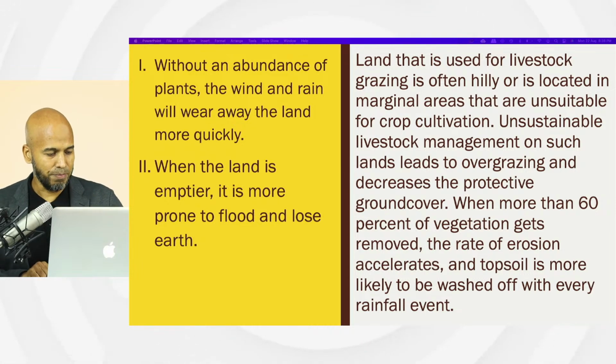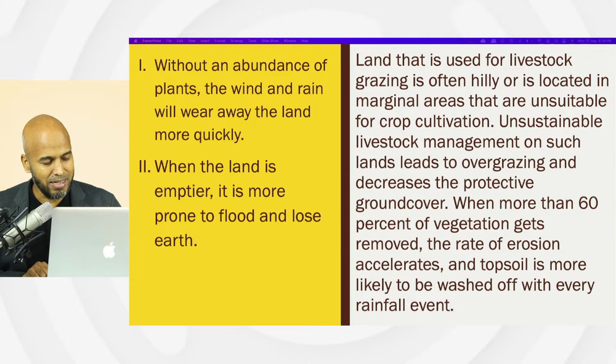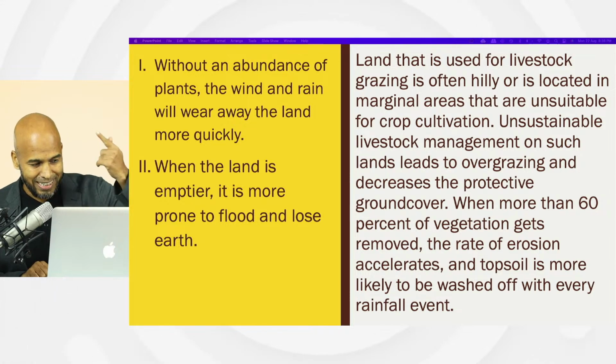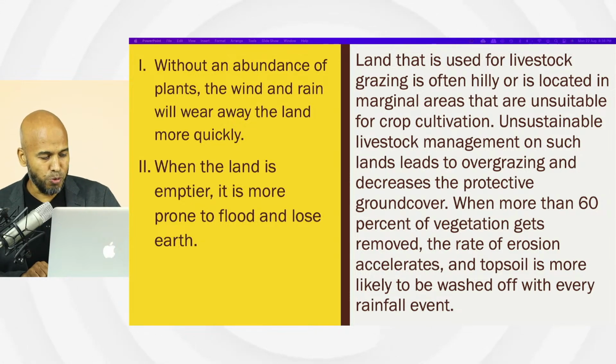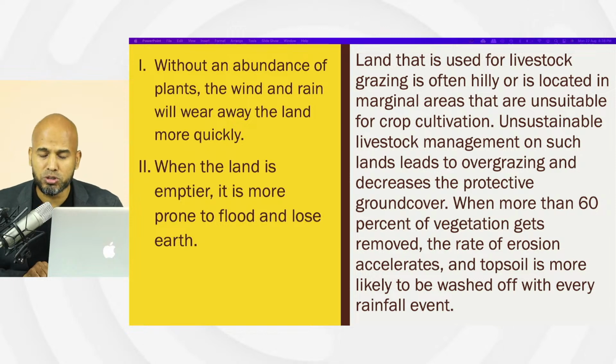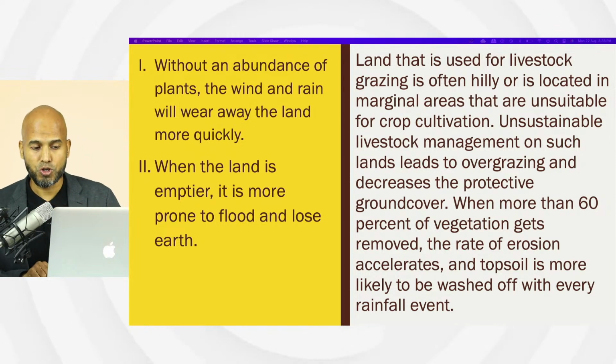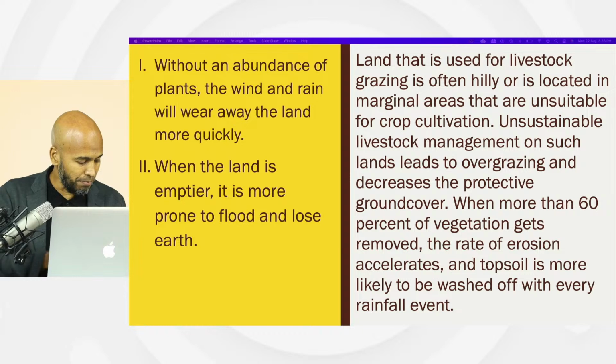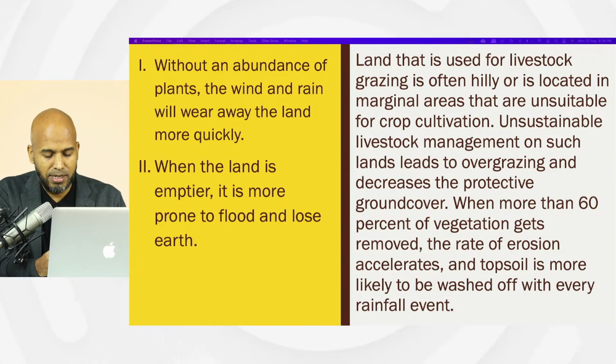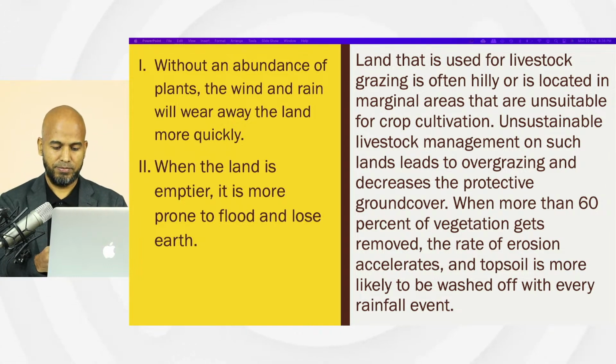Wear away means destroy, I mean erosion. Number two says, when the land is emptier, it is more prone, more likely, to flood and loose earth erosion. So now you have time. Five seconds.